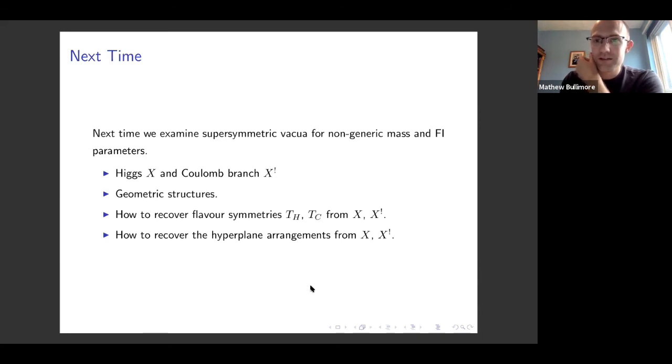Next time I'm going to flow to a sigma model onto the Higgs branch or the Coulomb branch, and then try to explain how to reproduce exactly all of the structures that I've talked about today. In particular, what the flavor symmetries are, what the parameters are that you can turn on, and these nice hyperplane arrangements that you get in the space of those parameters. So yes, you can think about them from that point of view.